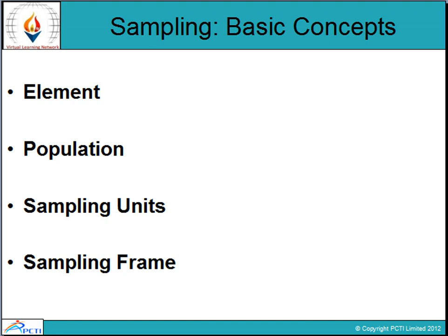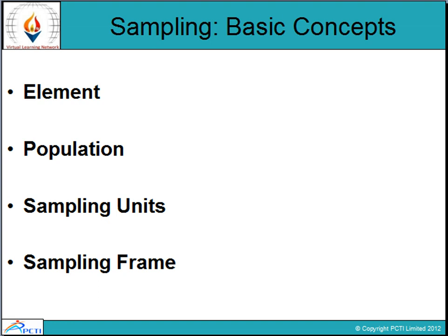There are certain basic concepts which need to be understood while studying sampling. The first is the element. When we talk about element, it is that unit about which information is collected. This provides basically the basis for analysis according to a well-defined procedure.